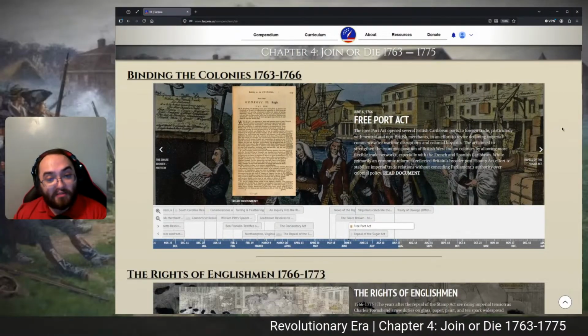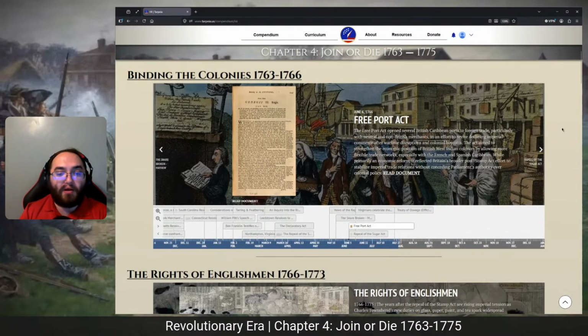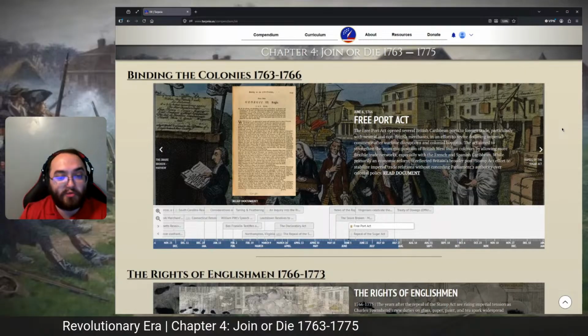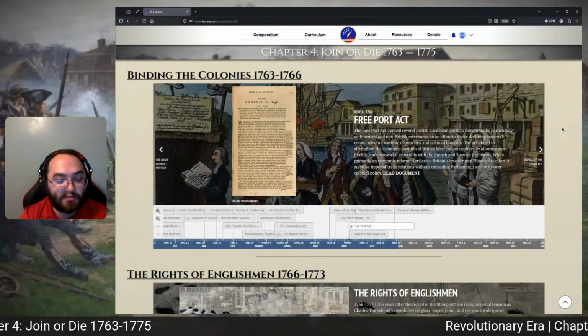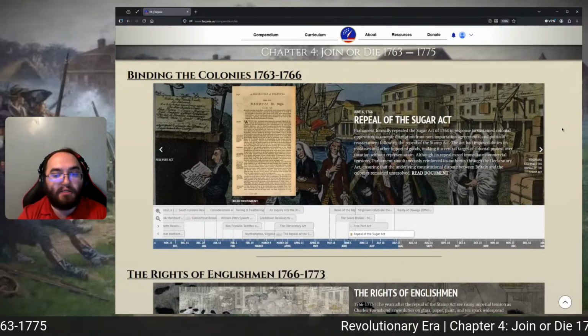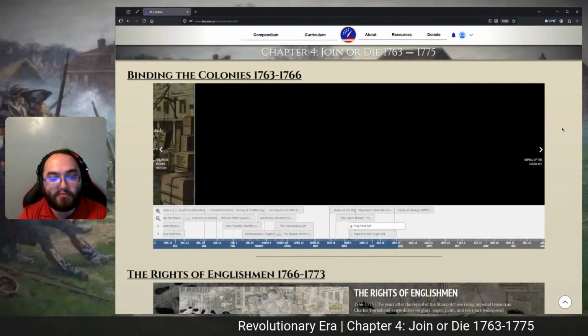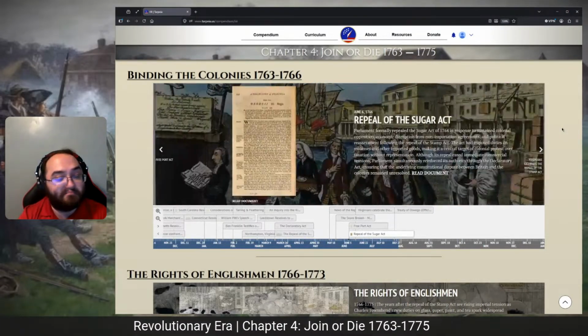Also, a policy of Rockingham is the Free Port Act, which opened up trade. So this undermines the Currency Act, or the Sugar Act. And in fact, the Sugar Act itself will be repealed, let's see, on the same day.